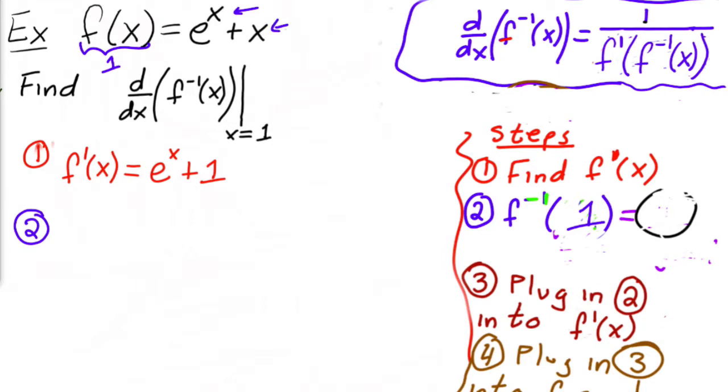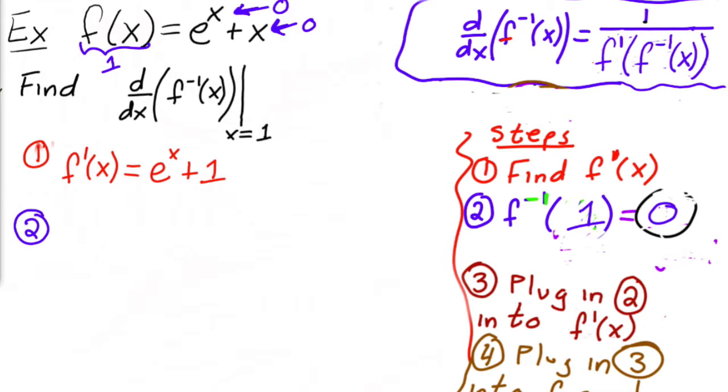This is an example where you can't actually solve for x if you plug in 1, so we need a guess. Now, it has to be relatively simple to guess, otherwise it's impossible to ask you to do it. You can also do it using a graphing calculator, but there's no need for this one. Notice that if you plug in 0 for x, you get e to the 0, which is 1, and this guy is 0, so what that means is that f inverse of 1 is equal to 0.